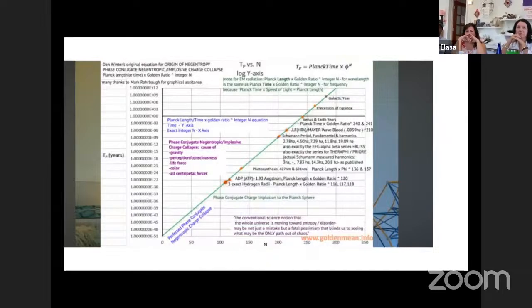This is from Dan Winter's work, who's inspiring me so much, and I hope he inspires you as well. His work is showing another formula that we might have time to go into today, which is the formula of gravity, consciousness itself being ensouled. It utilizes the golden mean ratios in integers times Planck length.